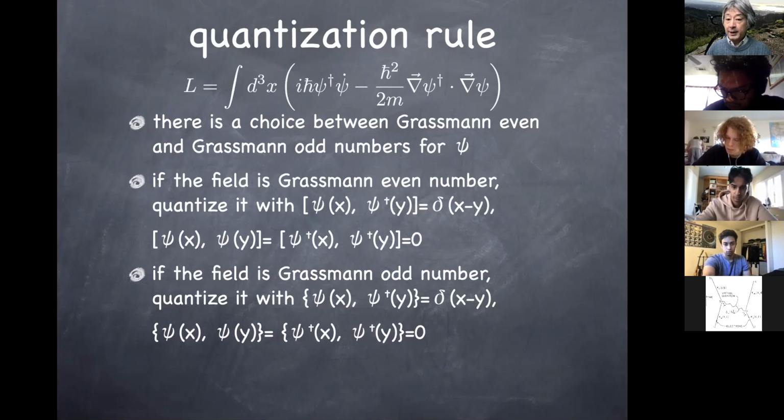It turns out that for integer spin particles, like the photon, which has spin 1, you are forced to use Grassmann even numbers and therefore commutation relations, and therefore they have to be bosons.